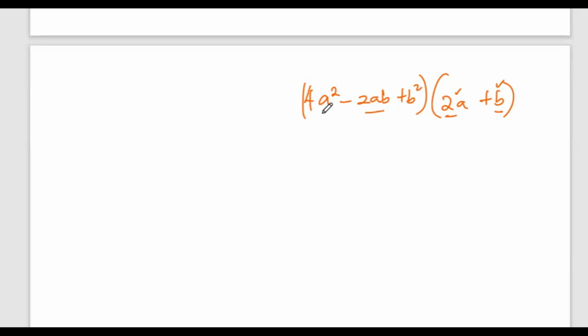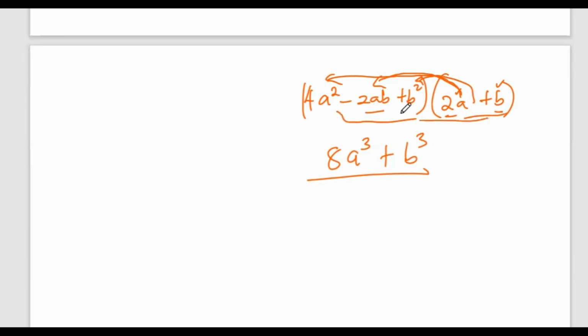So this is going to be 8a cubed plus b cubed, because this is the sum of 2 cubes. Alternatively, you can open 2a multiplies everything, and then b multiplies everything. Then remember to collect the like terms. We're going to end up with the same answer.